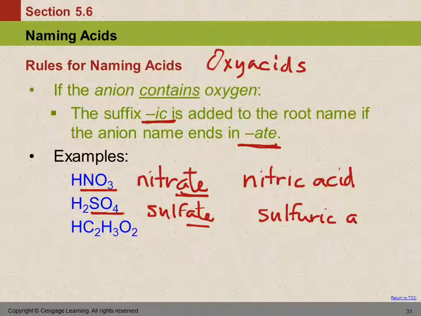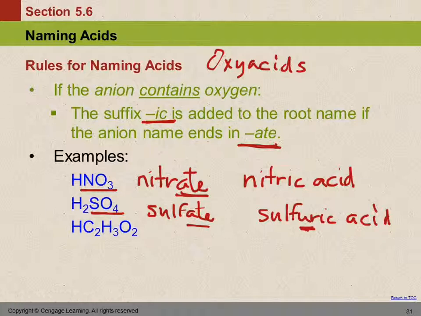Sulfuric acid. Now this one adds the UR back, and that happens a lot with sulfur. The UR kind of comes and goes. I guess sulfic acid sounds dumb. I don't know. It's always sulfuric acid. So that's one of those little anomalies. Sorry about that. But sulfate, that's H2SO4, that's sulfuric acid.